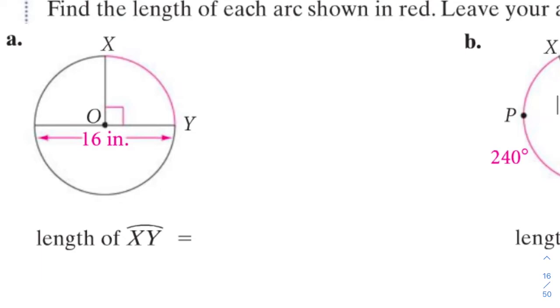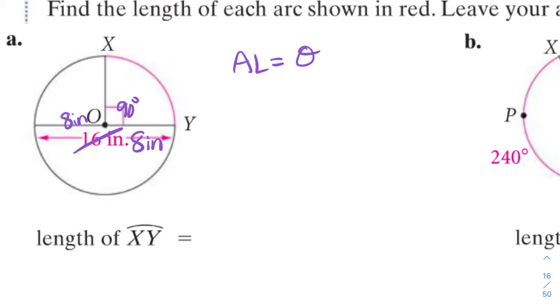So here we have a diameter of 16. I'm going to change that to a radius of 8 inches, and a radius of 8 inches. Oh, this is 90 degrees as well. So I have a radius of 8 inches and a measure of 90.